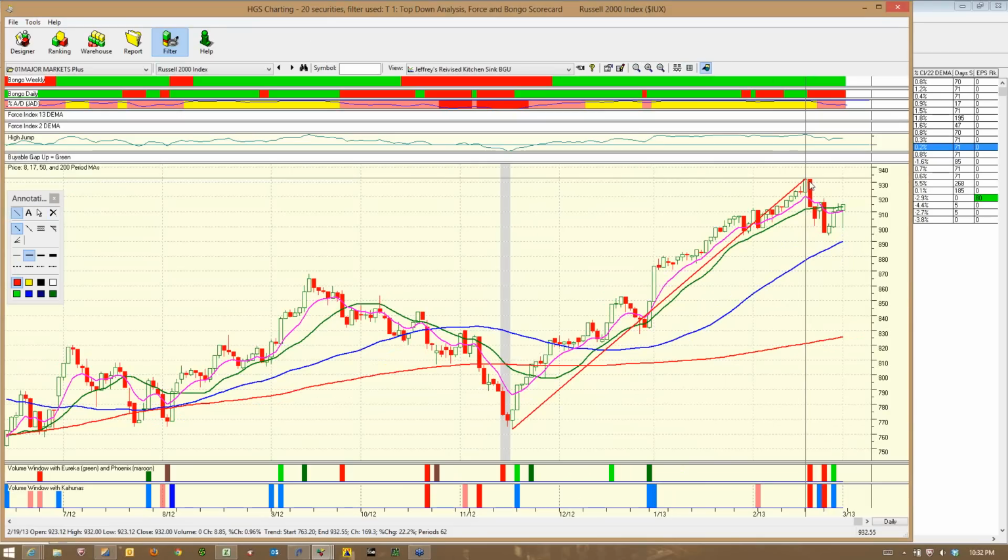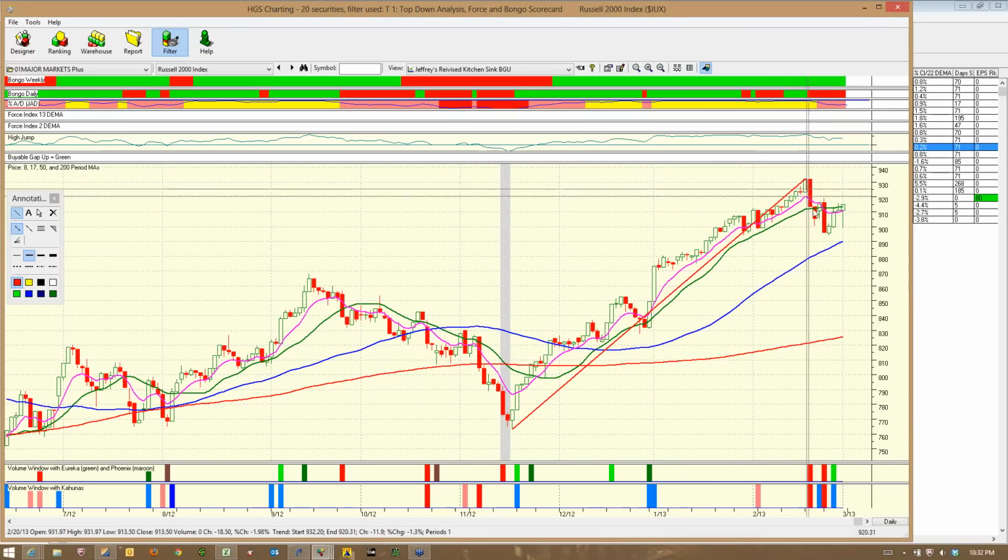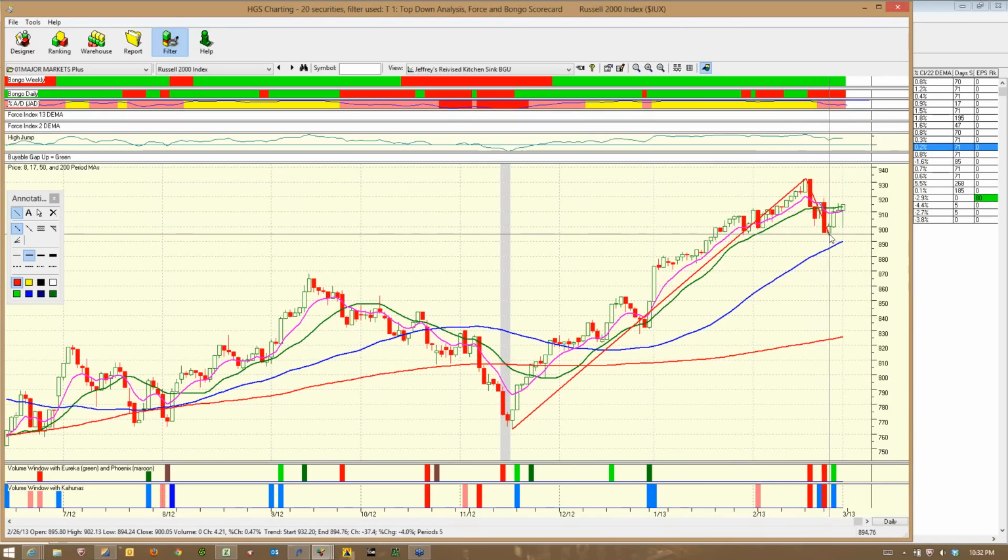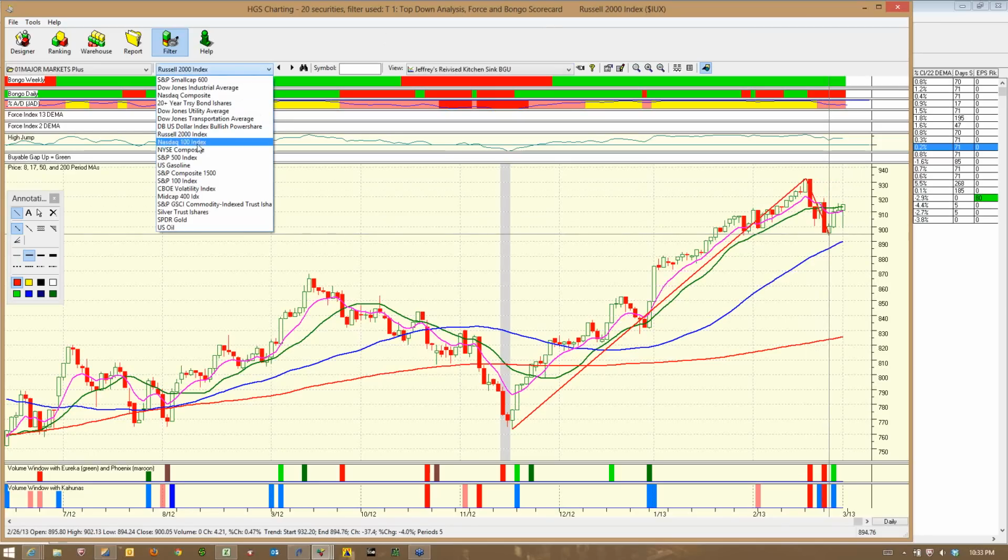And if we look at the drop we've seen since then, it maxed out about 4% in 5 days, and we've had a bounce since then, also above the 17. So I think the 17, the 200, and the 50 are going to be my range targets for right now. And a break above or below is going to help me understand what I need to do with my portfolio and where the market is going.